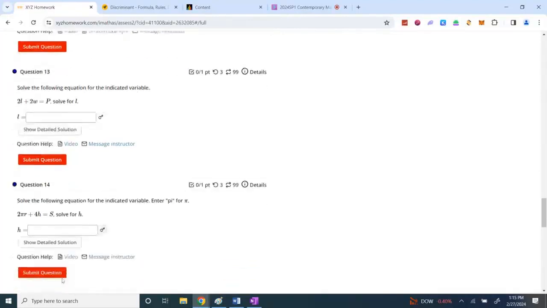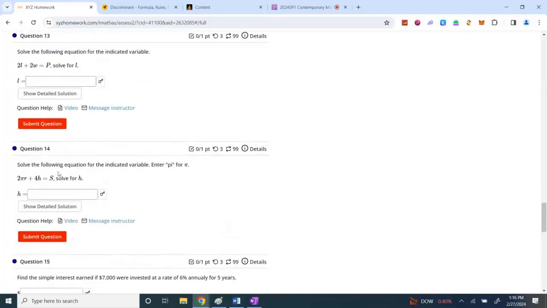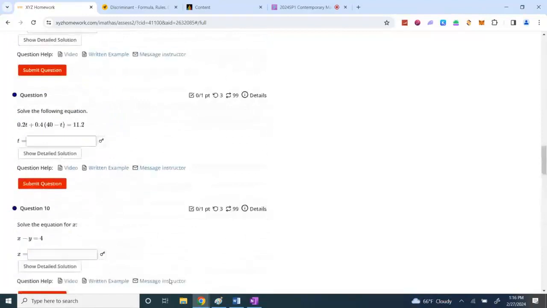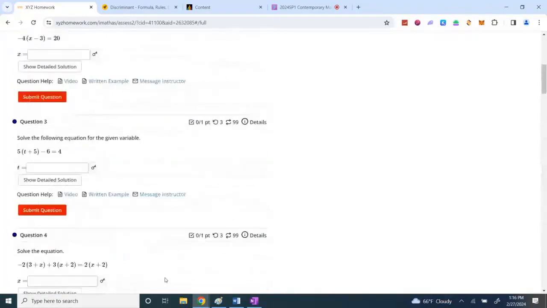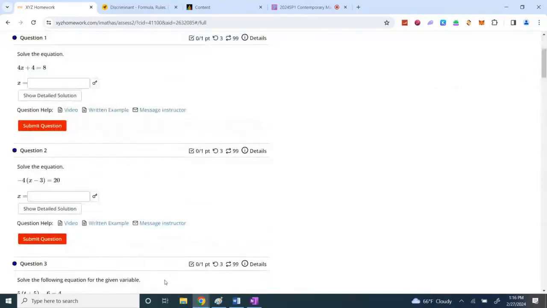So those 3 problems, well, I guess it's 4 problems. All right, number 4 is also solving for a variable. Now the rest of the problems that precede that, they ask you to solve the equation, right, for a numerical value.